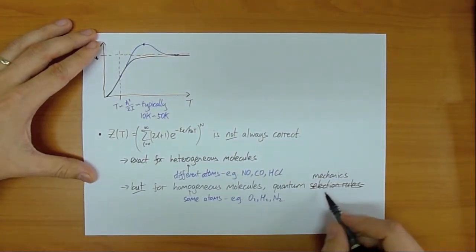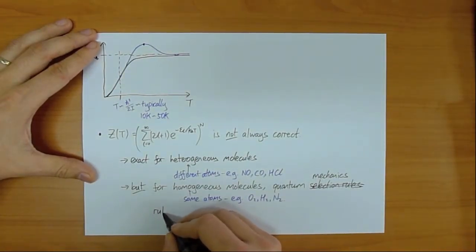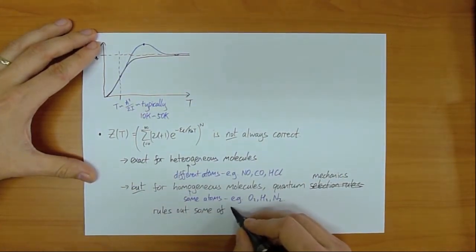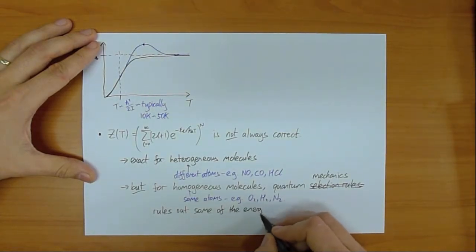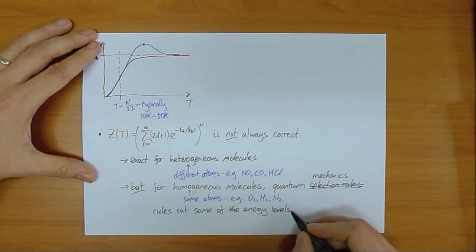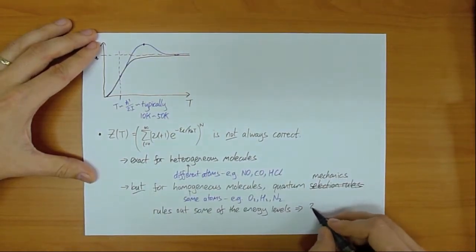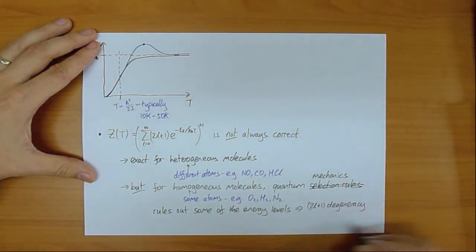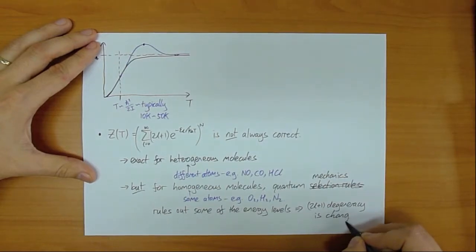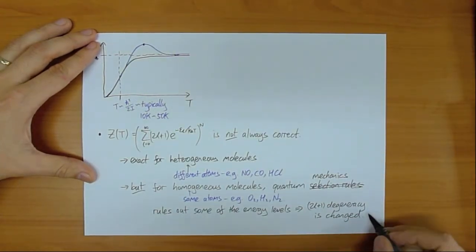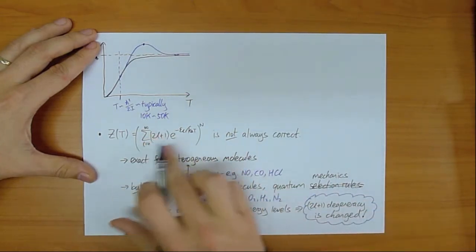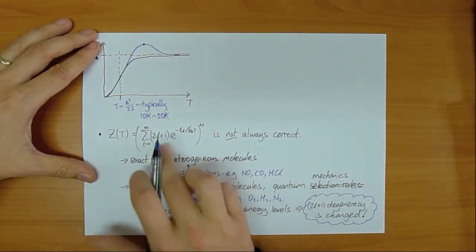So quantum mechanics rules out some of the energy levels. What this means is that the 2L plus 1 degeneracy is changed. So in general for the homogeneous molecules, this sum is not quite right because we have to change the degeneracy factor here.